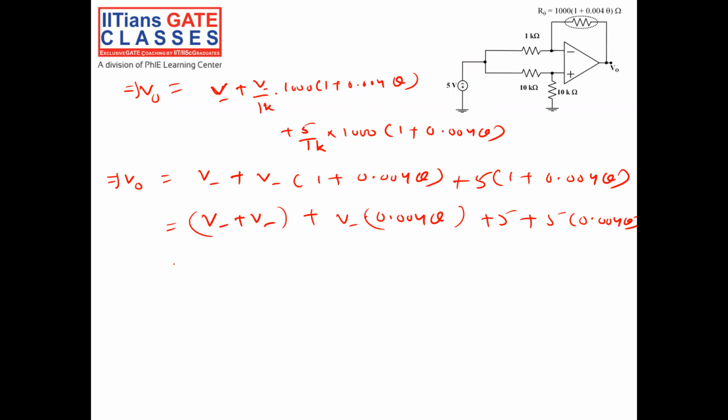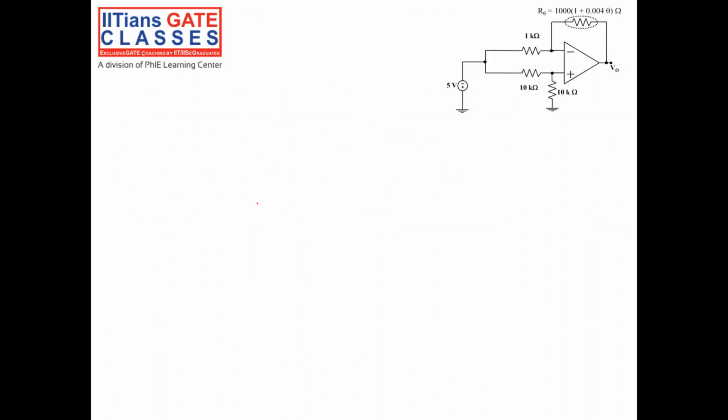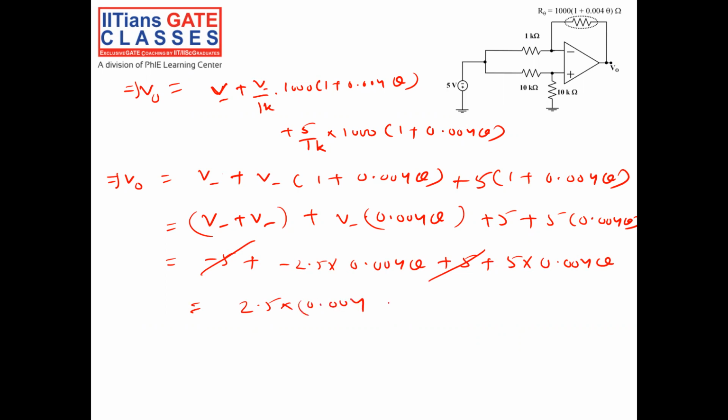So we know V negative is equal to minus 2.5 volt, right? To calculate that, minus 2.5 is minus 5 plus minus 2.5 into 0.004 theta plus 5 plus 5 into 0.004 theta. So this got cancelled, minus 5 plus 2.5 is equal to plus 2.5 into 0.004 theta, which is V0, right?